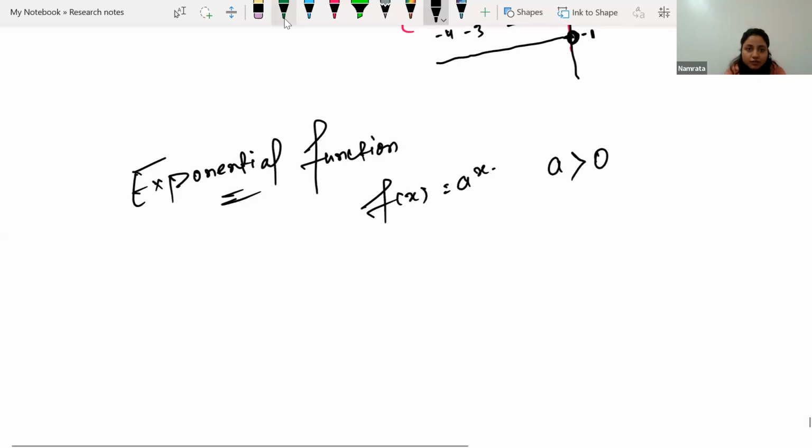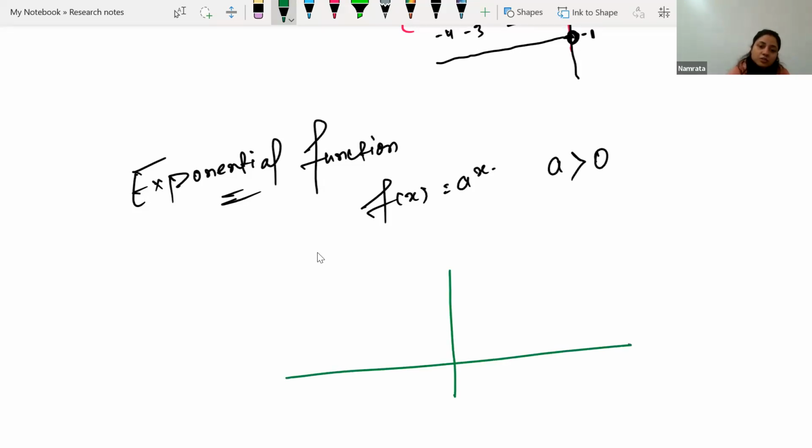Let me show you the graph. From this function also you can see x can be any number, because the power can be positive, the power can be negative, everything is acceptable. So the graph of the exponential function looks like this. Here it touches at 1.